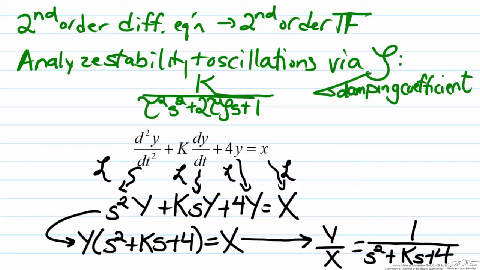But the important point here is if we look at the denominator of the standard form, we see that the coefficient at the end has to be 1. So in order to modify this, we're going to have to multiply both our numerator and our denominator by 1/4.